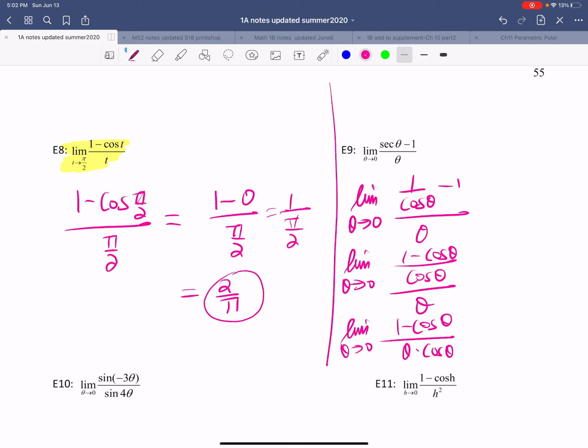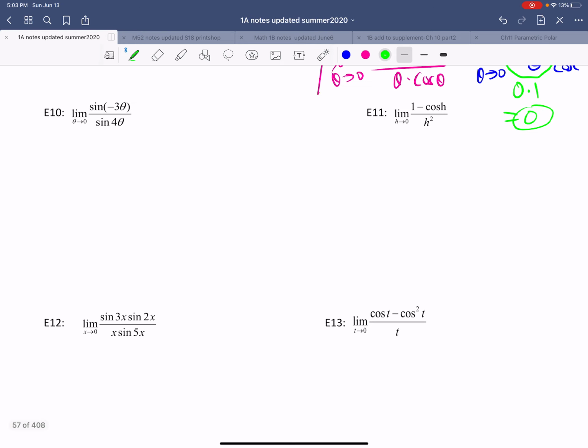That's what we're left with. Now we can break this apart into the limit as theta approaches 0 of 1 minus cosine theta over theta, times 1 over cosine theta. We do know that this limit goes to 0, and 1 over cosine of 0 is 1. 0 times 1 would be 0. So this limit goes to 0.